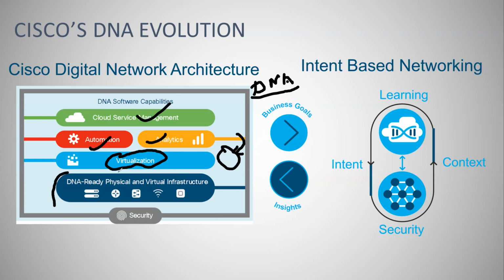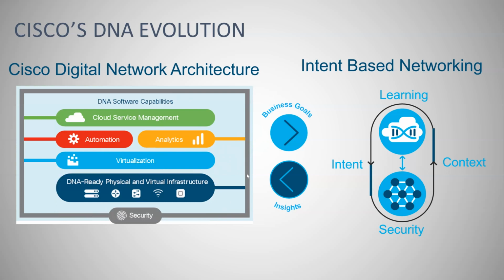But what does it mean by DNA-ready physical and virtual infra? I would assume that means you have to have Cisco devices. That may be one good point, but DNA supports non-Cisco devices as well. It supports Juniper, Dell, any number of devices, but not full-fledged, 100% support like with Cisco devices.